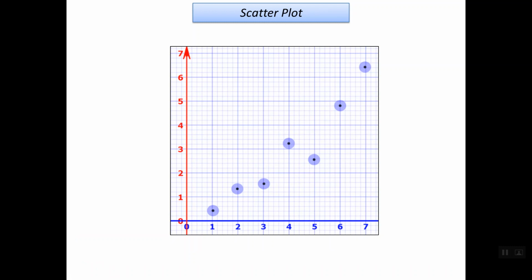For any scatter plot, we represent the independent variable on the x-axis. Sometimes the independent variable is called the explanatory variable.